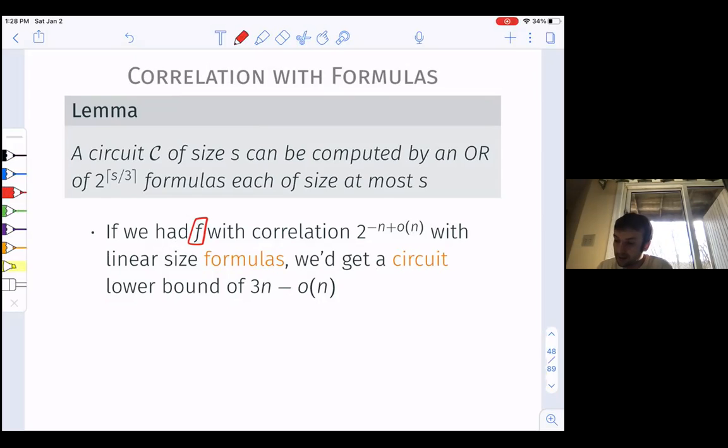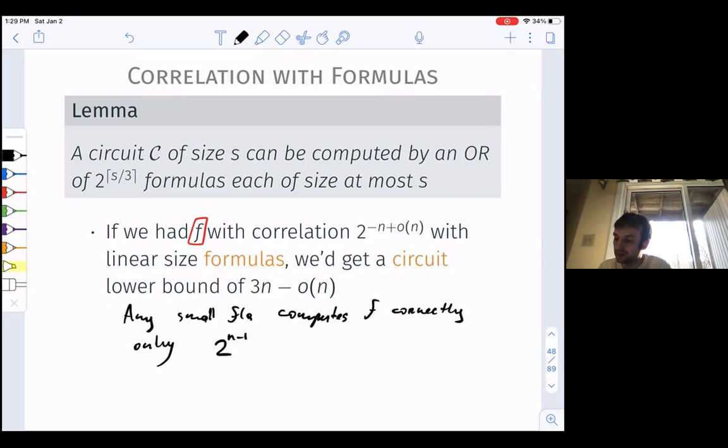That is, any small formula computes f correctly only at this many inputs, half of the inputs plus 2 to the little of n.